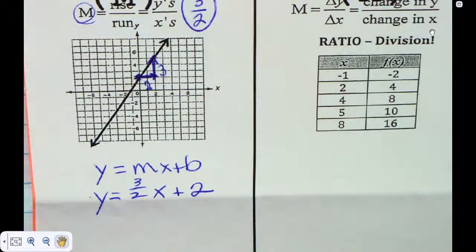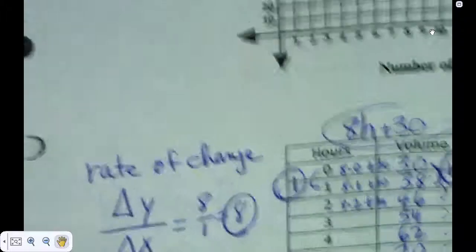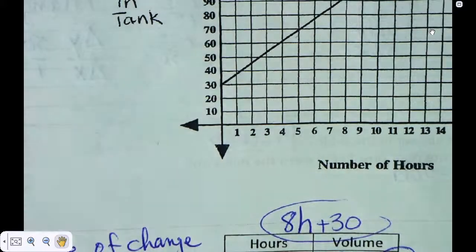Remember, that's how we got the slope, 3/2. Where did you get the +2 from? Look, guys, where did we get the +30? Where did we get the +30?